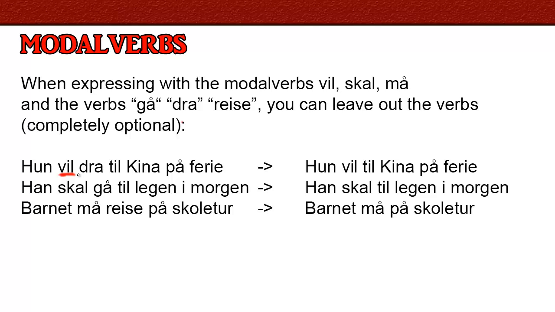But then you see the second verb, dra, which you should be familiar with, is to go. It can be for short distances or long distances, so it is a very practical verb for going someplace. To China on vacation.